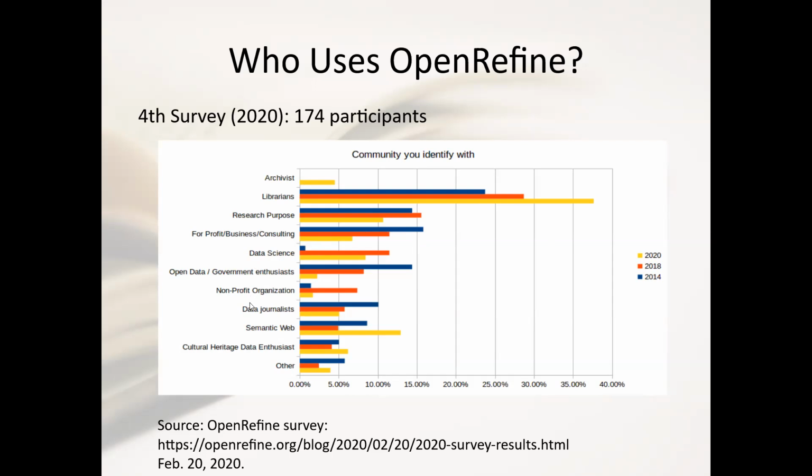Data scientists and data journalists, not. Semantic web people have very much started using it, and I suspect it's because there's a Wikidata extension to OpenRefine. So I think a lot of people are working in that general area. Cultural heritage data enthusiasts are moving in that area too. So it's kind of neat.